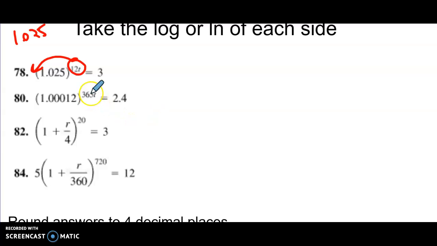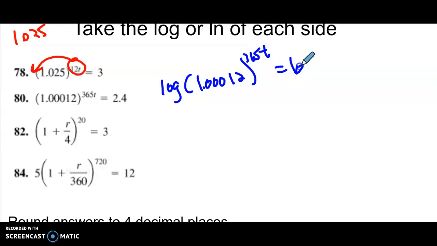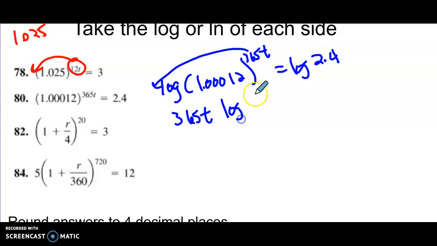So I would take the natural log or the log. Let's do log this time. The log of 1.00012 to the 365t power equals the log of 2.4. I do this so that I can bring the 365t in front of the log of 1.00012 equals log of 2.4.